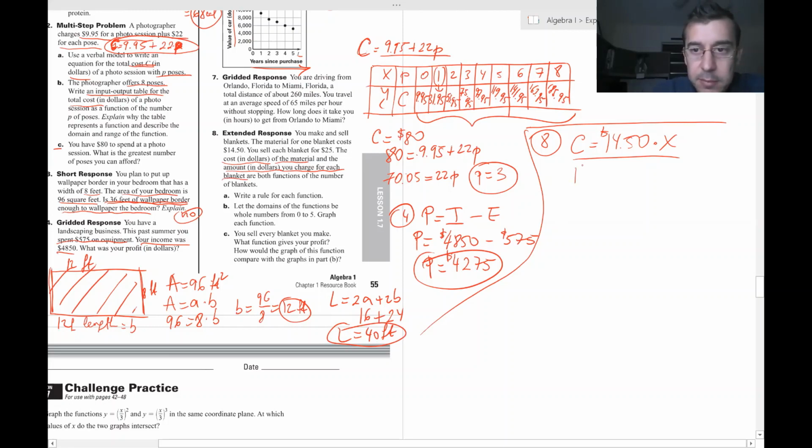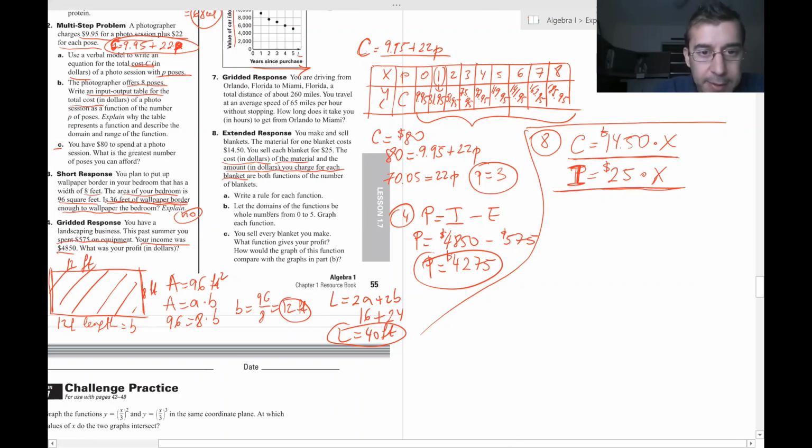Let's say I is income. I is $25 times X, the number of blankets that you sell. Write a rule for each function. Okay, so this is the cost function, this is the income function.